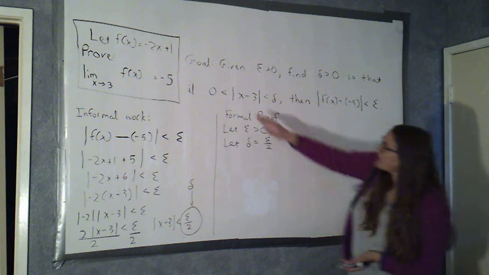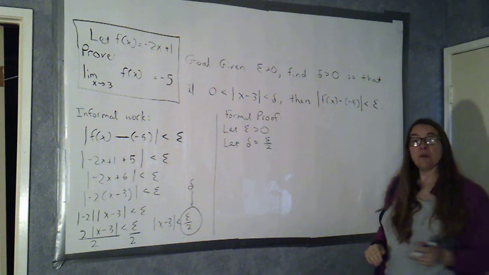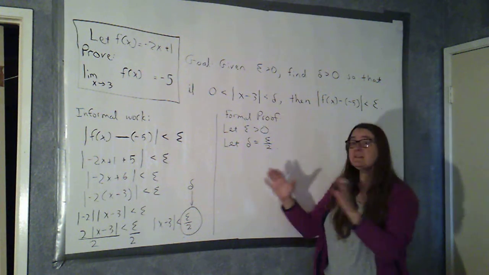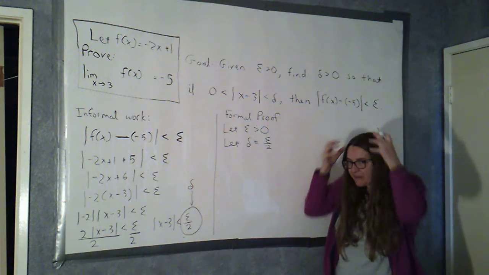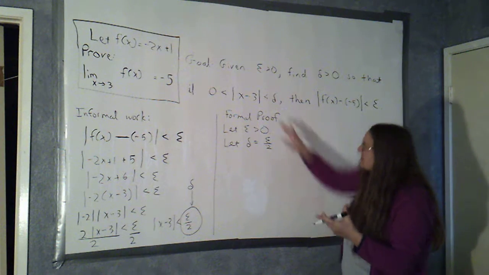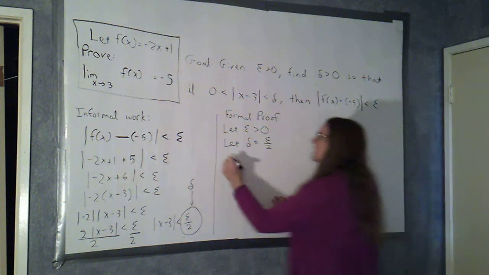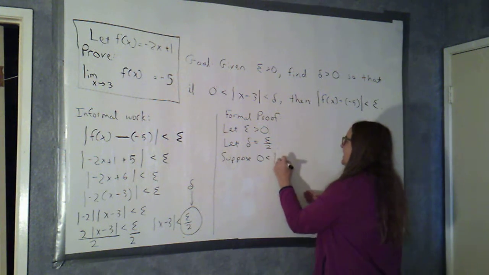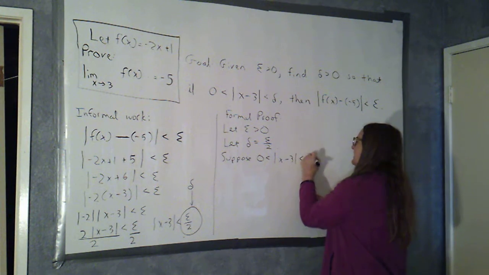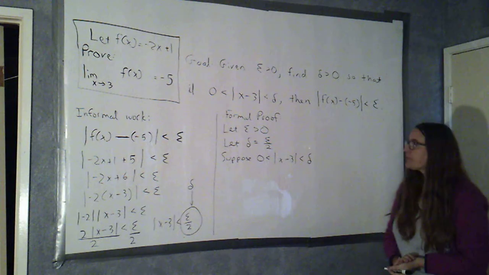So now I'm trying to prove an if-then, and I always do that by supposing that the if part is true. Remember, that's like performing a thought experiment and then saying, what happens if we do make that true? So I'm going to suppose that 0 is less than the absolute value of x minus 3 is less than delta.